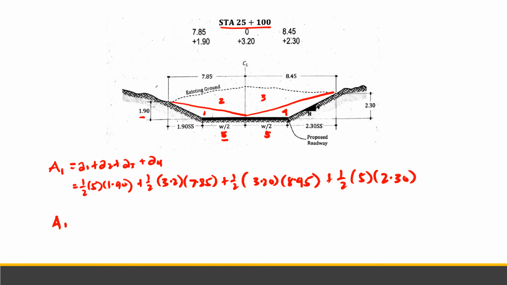So area 1 is equal to 36.58 meters squared. So that is for area 1.